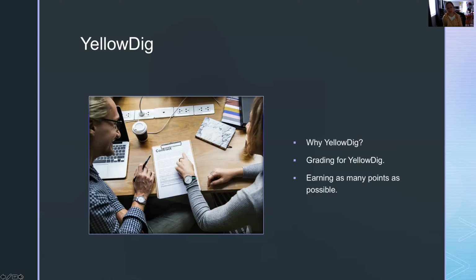Yellow Dig grades will be posted twice in the module, once after the first 4 weeks and again at the end of 8 weeks. I want you to try to earn as many points as possible. I have this feature that I do that's specific to my course that I think is really successful. That's called Double Money. So if you post a pin, I'm going to give you a badge, and badges are worth 5 points. Then let's say someone comments to you and you comment to them.